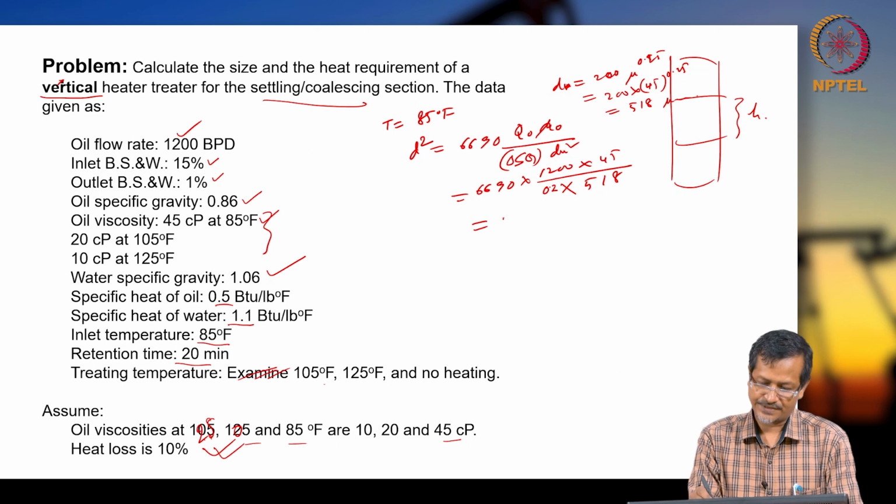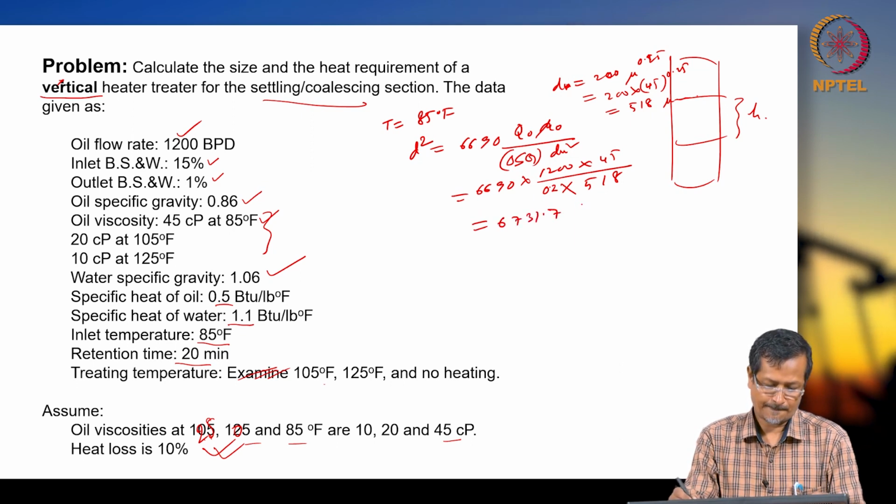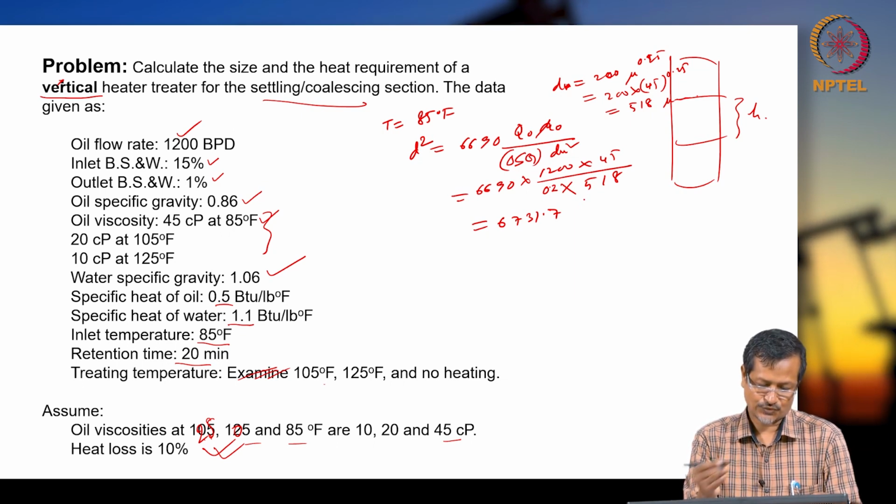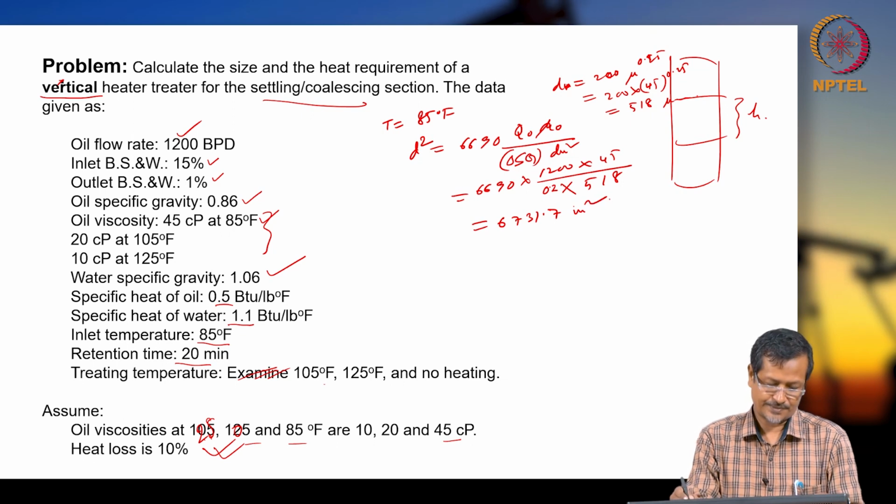So this value is coming 6731.7, and this is d square, so it is inch square. Taking the square root, d comes to 82.46 inch.